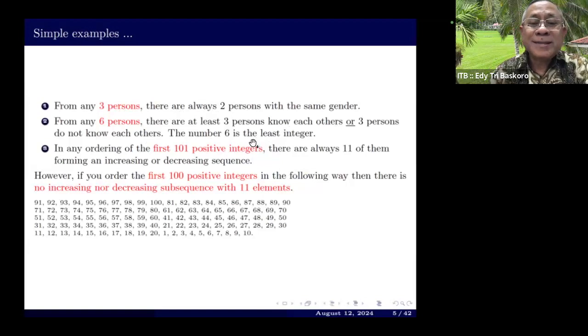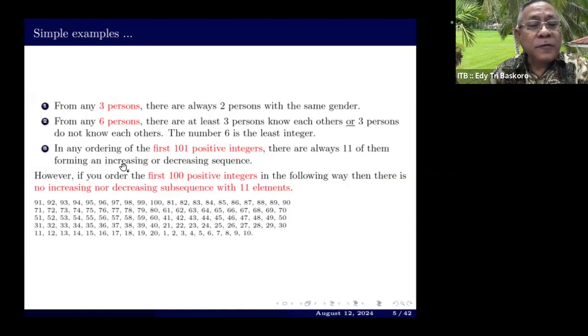And the number 6 is the least integer. And the third one, in any ordering of the first 101 positive integers, there are always 11 of them forming an increasing or decreasing sequence.